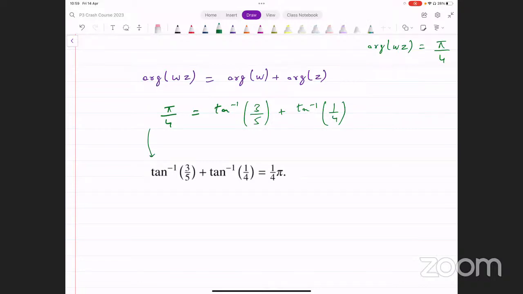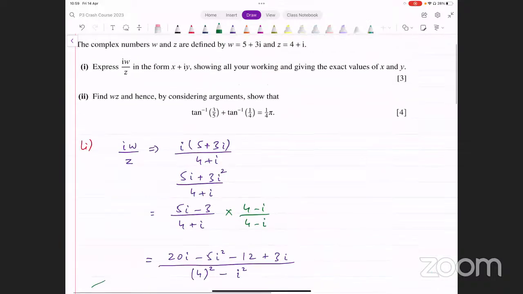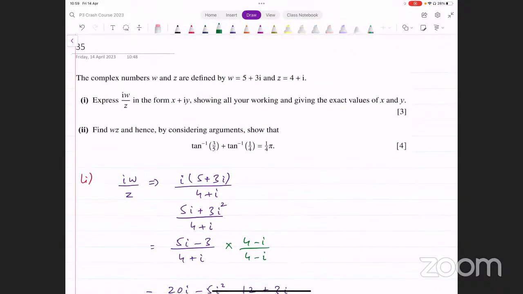Now you will find other questions in the worksheet and in recent past papers where you would see something like this written: tan inverse of something plus tan inverse of something else is equal to another number.